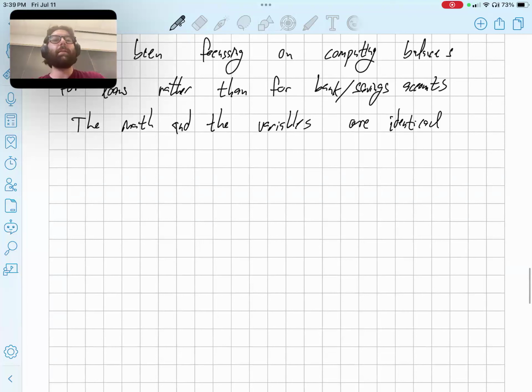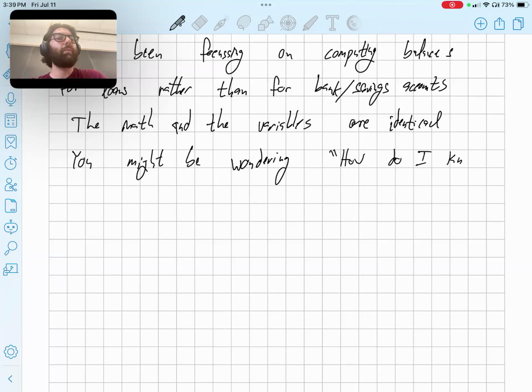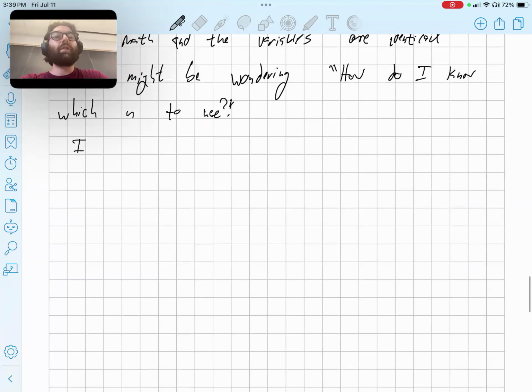And another thing is, you might be wondering, how do I know which N to use? How do I know whether I'm compounding 6 times per year, 10 times per year, whatever? Well, it will tell you in the question.